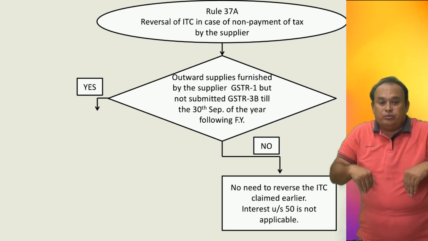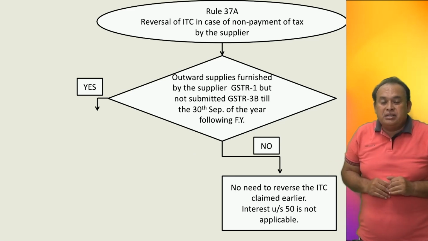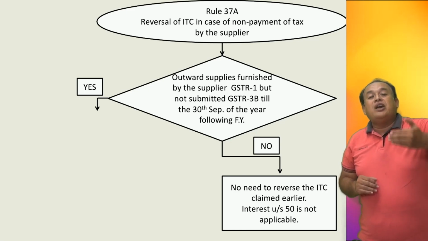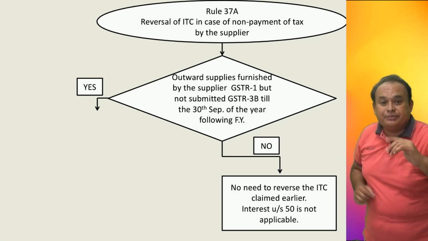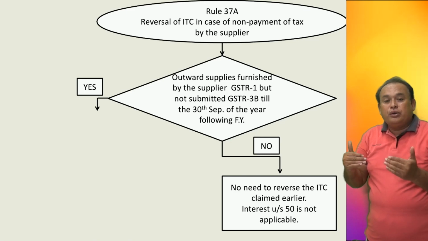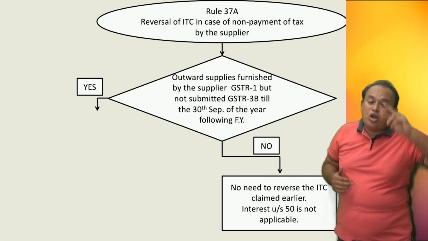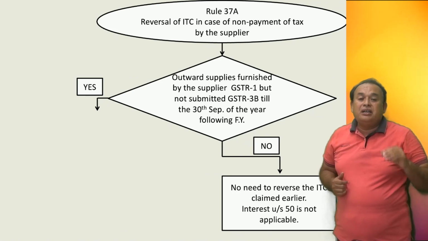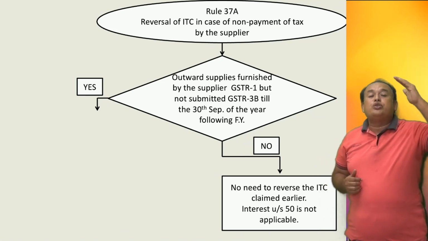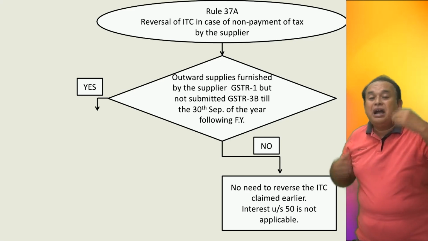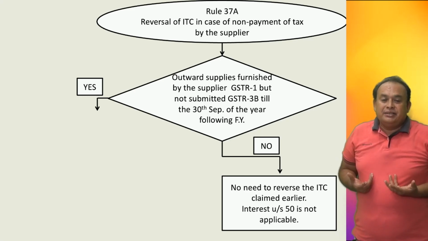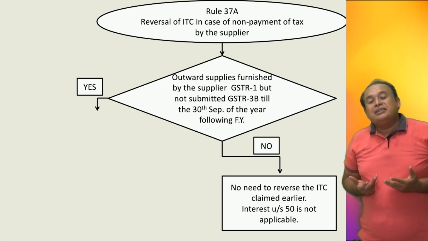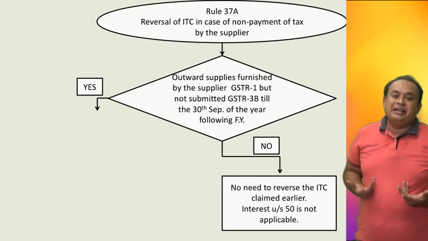He should reverse it on or before 30th November of the succeeding financial year. For the year 23-24, the succeeding financial year is 24-25. In the 24-25 financial year, on or before 30th November 2024, I should reverse the credit. That means after 30th September, but on or before 30th November, I should reverse the credit.